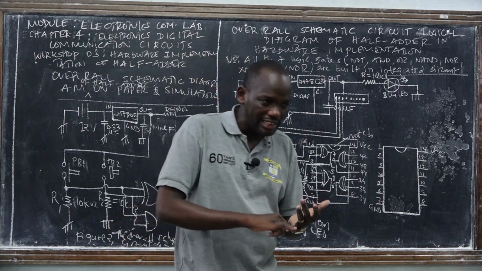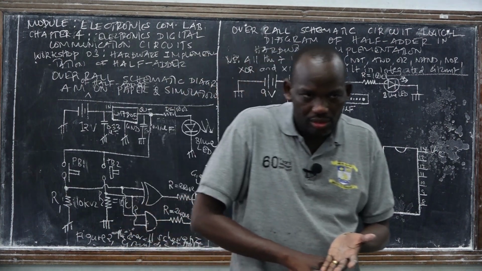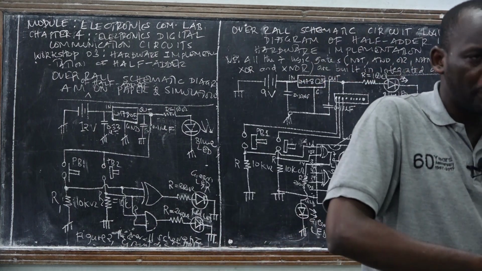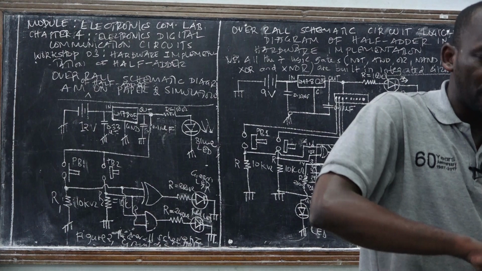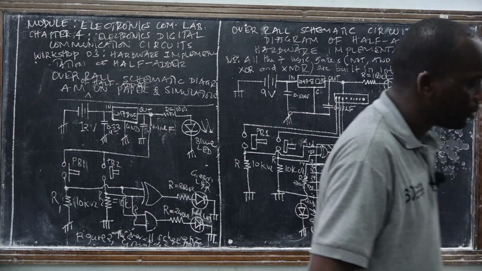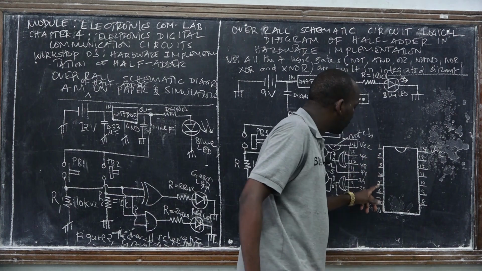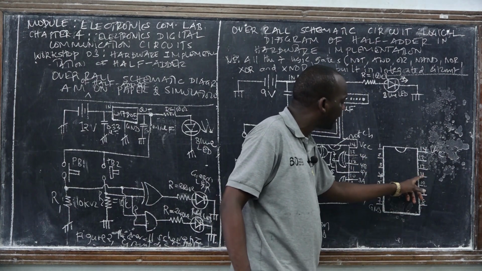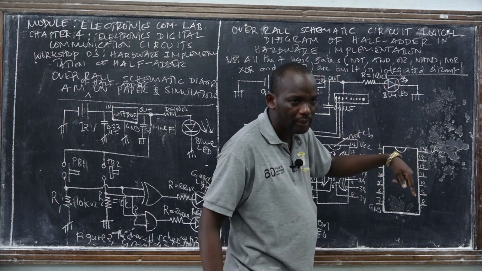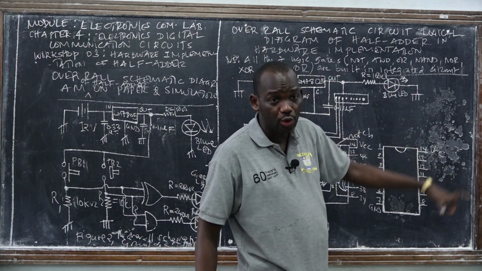We have pin numbers, and we have pin names. Say pin number. Say loudly, pin names. So 1, 2, 3, 4, 5, 6, 7, 8, 9, 10, 11, 12, 13, 14. This is pin number, and each pin has its own name.